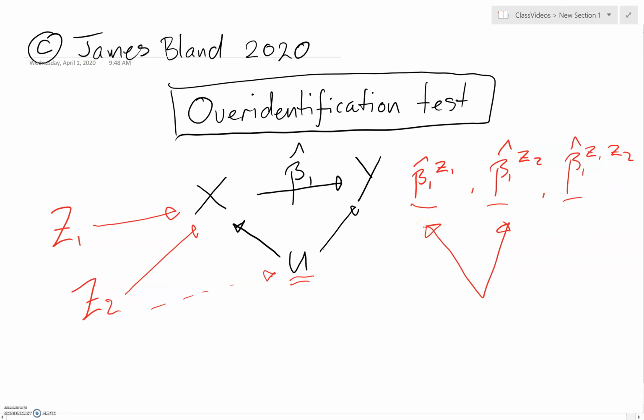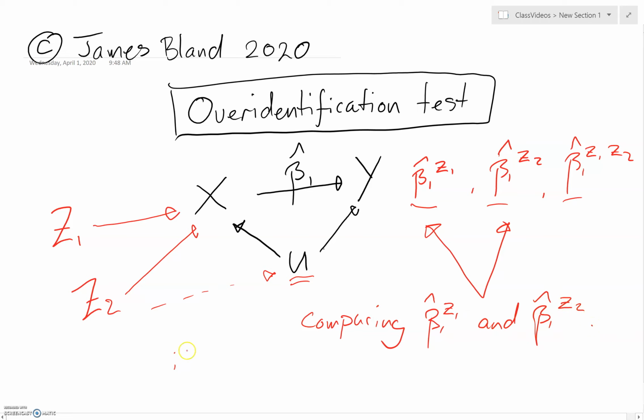Okay, so you can go ahead and read some of the more technical details of the over-identification test, but basically what we're doing here is comparing beta 1 hat Z1 and beta 1 hat Z2.